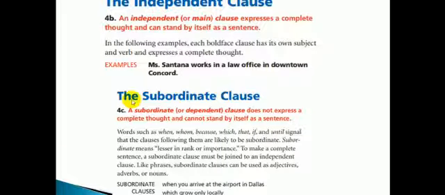Let's go to the subordinate or dependent clause. It doesn't express a complete thought and can't stand by itself as a sentence. As we see here, when you arrive at the airport in Dallas, does it give a full meaning, or do you feel there is a shortage in understanding this clause?